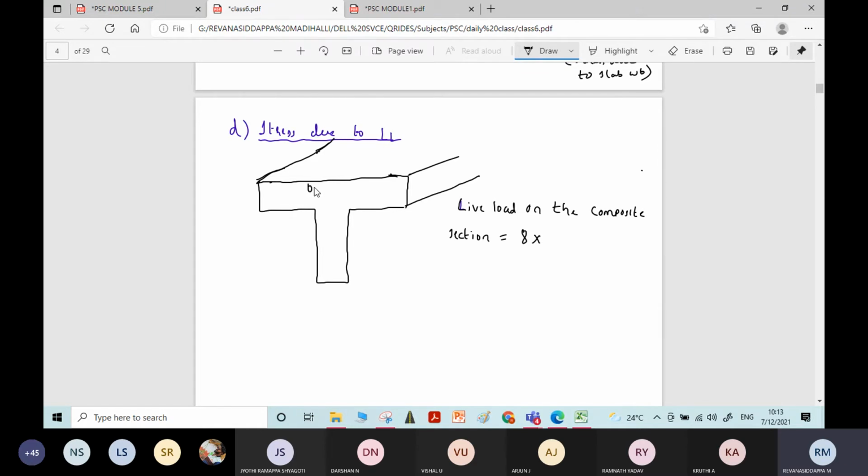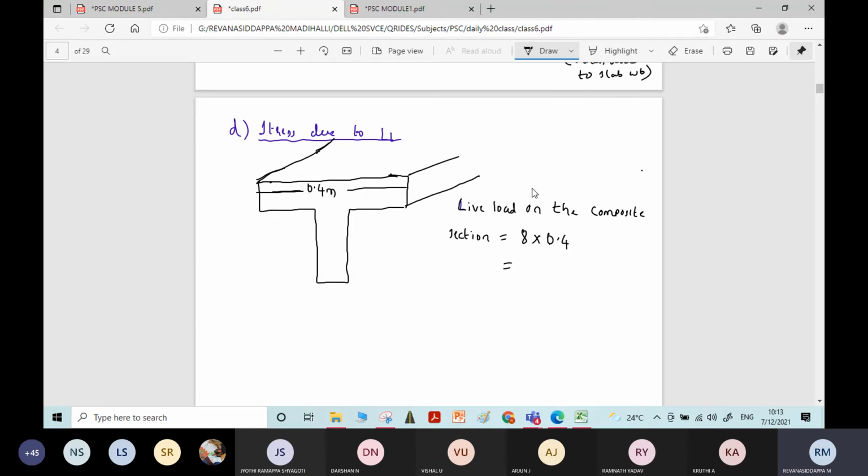This length is 0.4 meter. Now you multiply by the width of the slab, 0.4. You will get the live load per meter length of the slab.